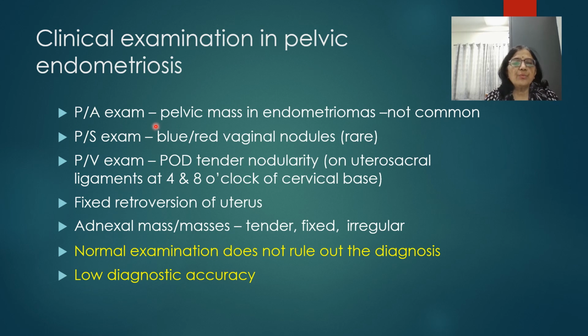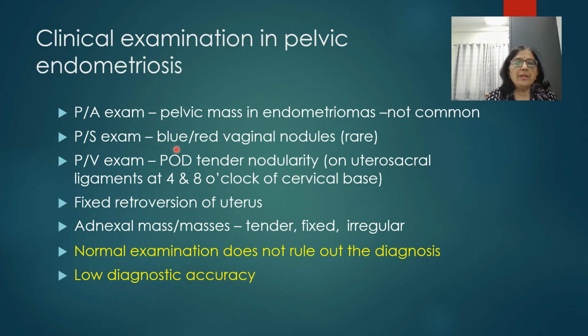When we examine the patient per abdominally, a pelvic mass is more common in endometrioma, and that is why per abdominal palpation of the mass is not common. Usually the endometrioma remains as a pelvic mass, which is palpable on per vaginal examination and not per abdominal.